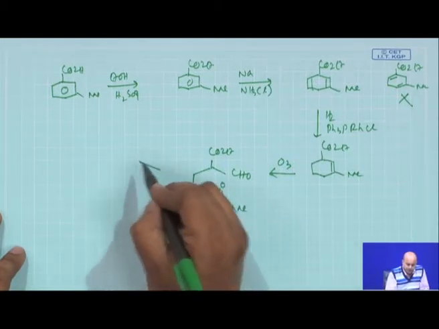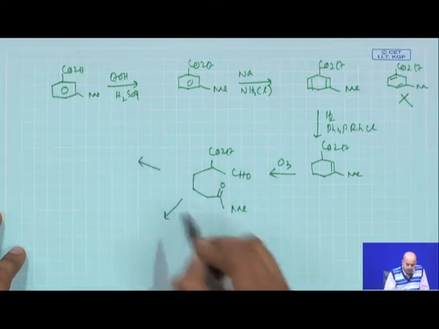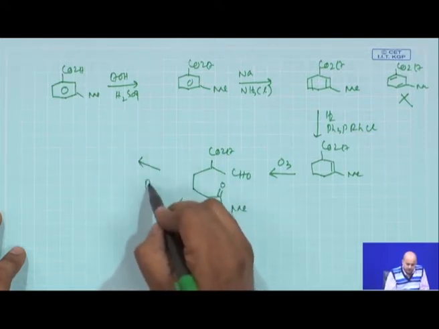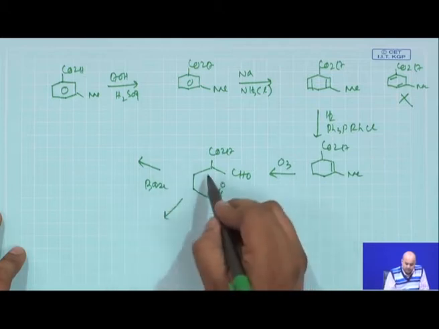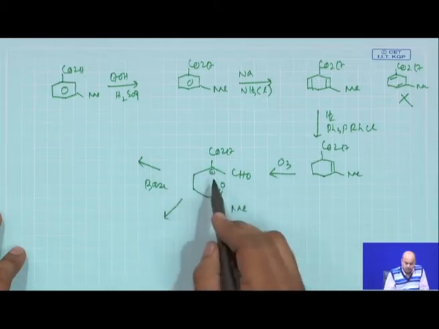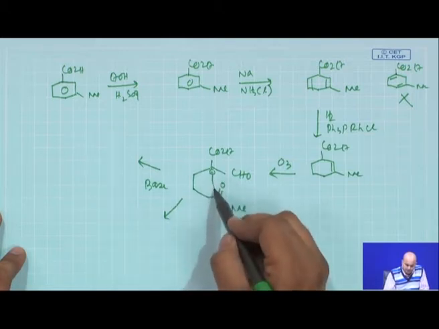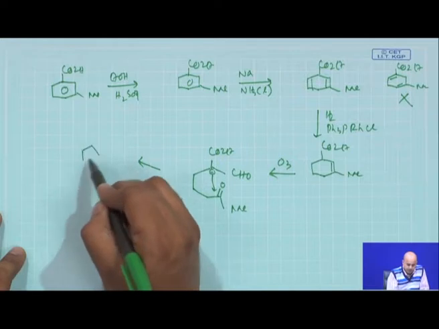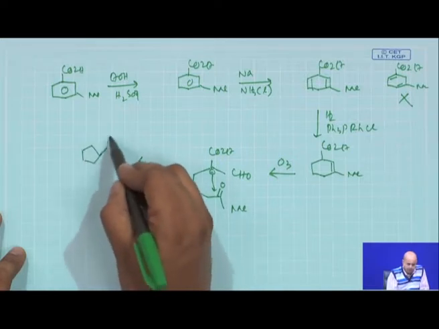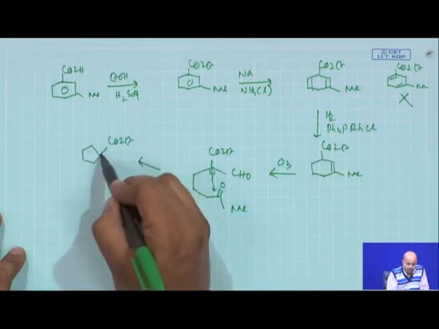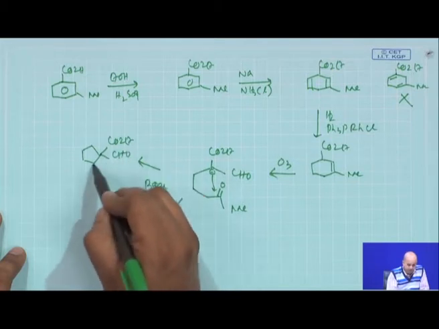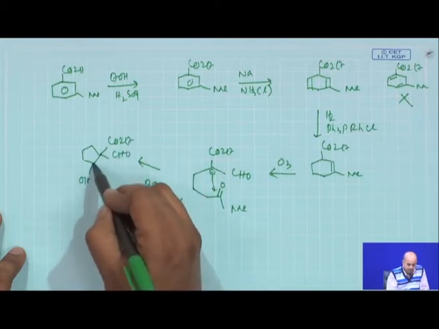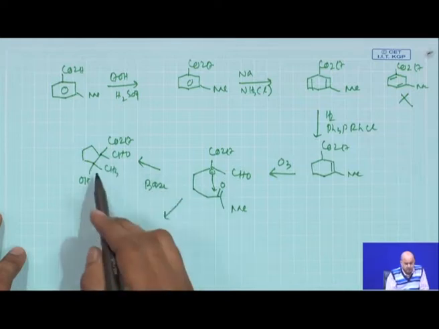Now, I say there will be possibilities if you treat this compound with base. This hydrogen seems to be mostly acidic, and if this hydrogen reacts, you can get this kind of aldol also, where CO2 ET and CHO react.